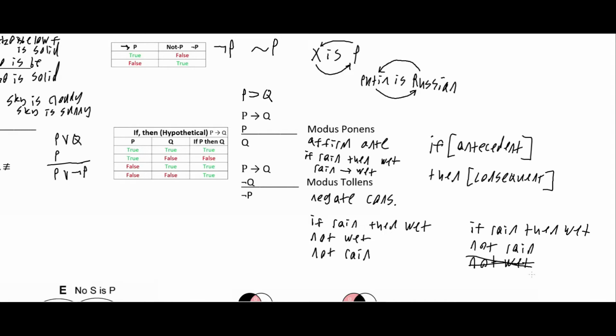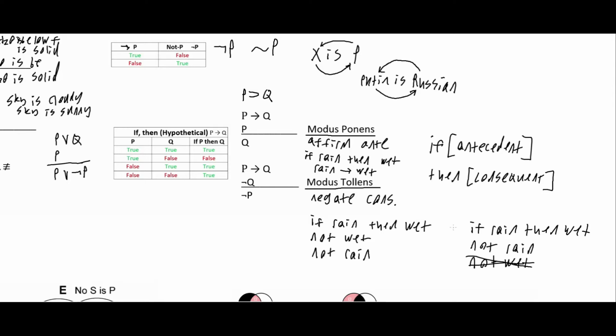There could be a sprinkler or a broken water main or something like that that would make it wet, even if it's not raining. The only way for this to work is if we are affirming the antecedent, which is modus ponens, or if we are negating or denying the consequent, which is modus tollens.